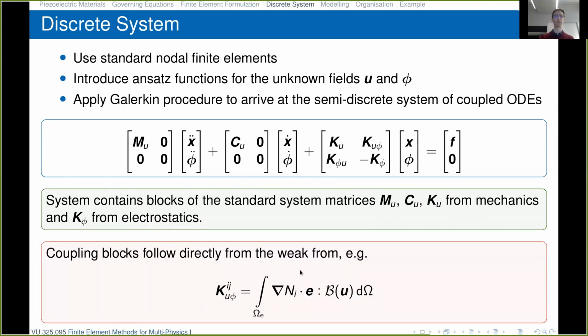So this is the typical form of the coupling blocks. We have the gradient of the ansatz function times our coupling tensor. This is the material property times the B operator of the mechanical displacements.